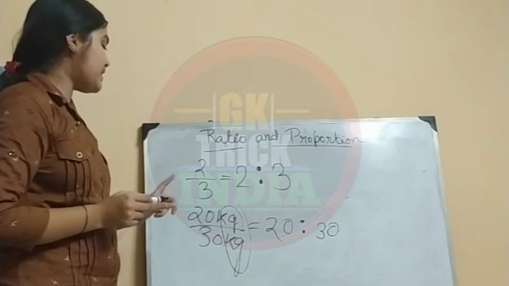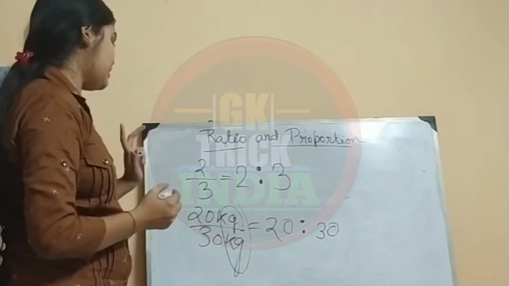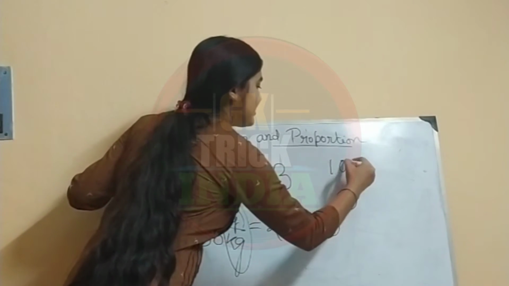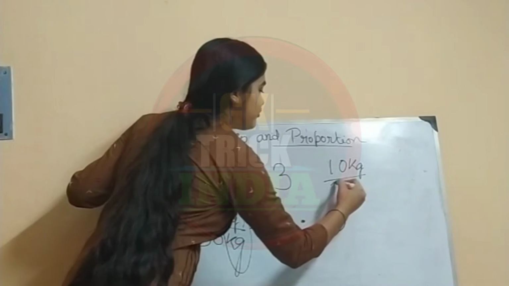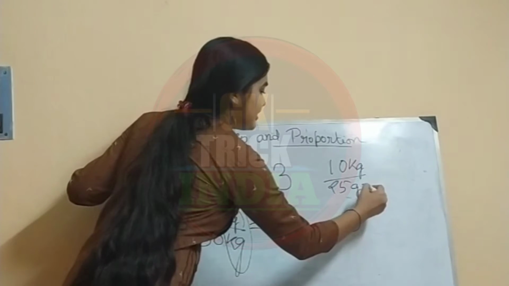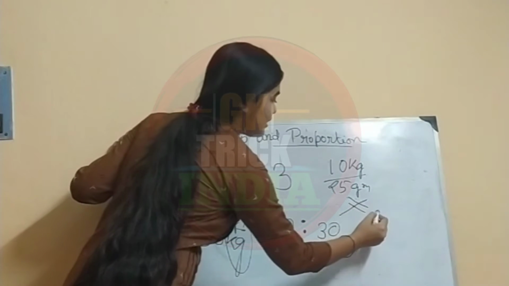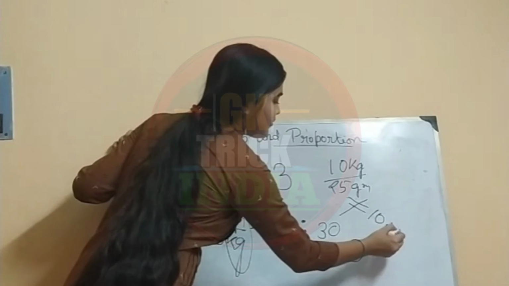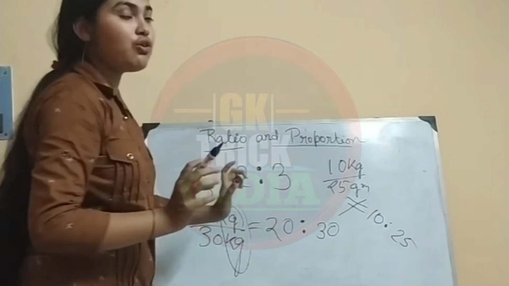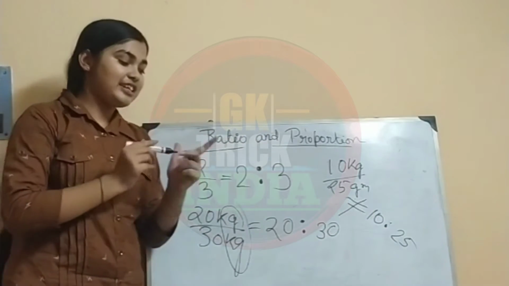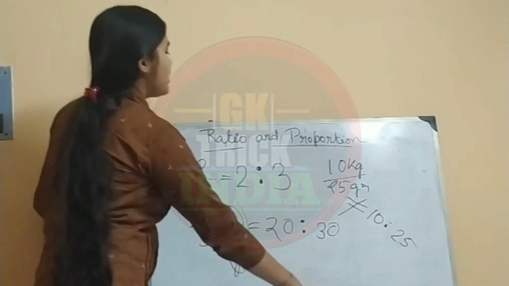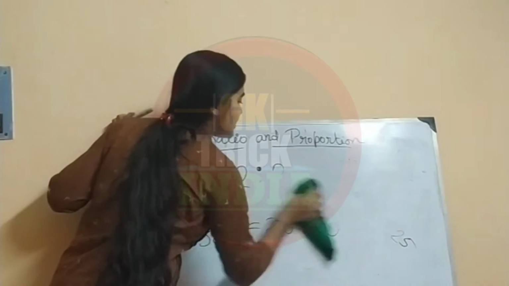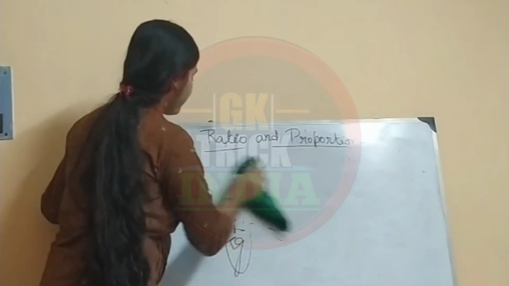But if there is something like 10 kg by 25 gram, this is not equal to 10:25. And why is this so? Because the units are different. Okay, so this is the basic concept about ratio.